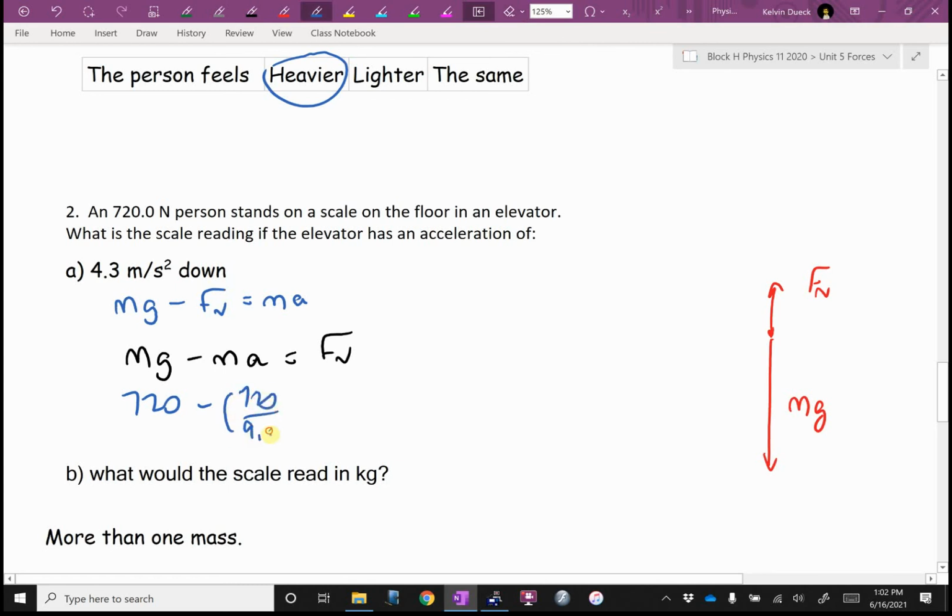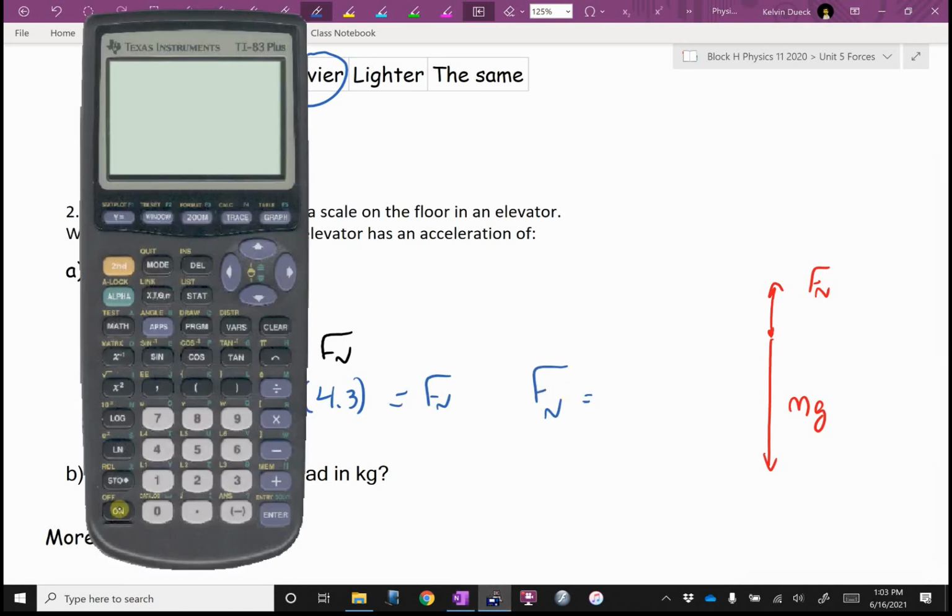Oh, okay. And then I'm lazy enough that I might even go like this. 720 divided by 9.8, that's m, times 4.3. I might not even bother calculating the mass elsewhere. I might just type it in as an equation because I'd have to do that no matter what. What do you get? See, the problem is if I go 720 divided by 9.8, that's a yucky decimal. And so if I say 73.4, I'm rounding off.